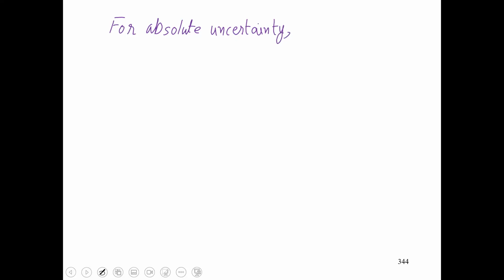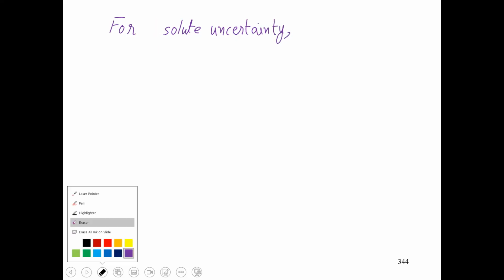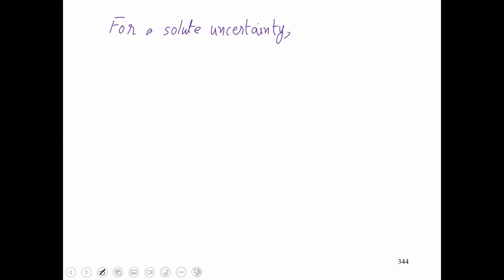For absolute uncertainty, for example, I take distance is equal to velocity into time, a famous formula for displacement.